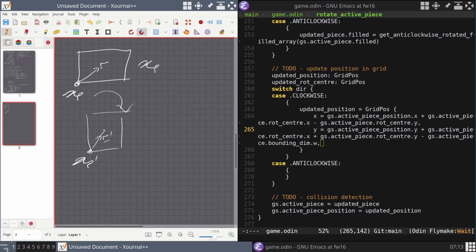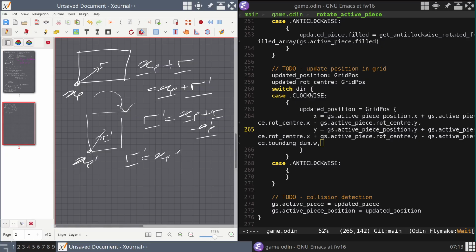So we know that XP plus R is equal to XP prime plus R prime. What does that mean? We just do R prime equals XP plus R minus our new one. What does that look like? XP plus XR minus XP prime, YP plus YR minus YP prime. I think that should work.